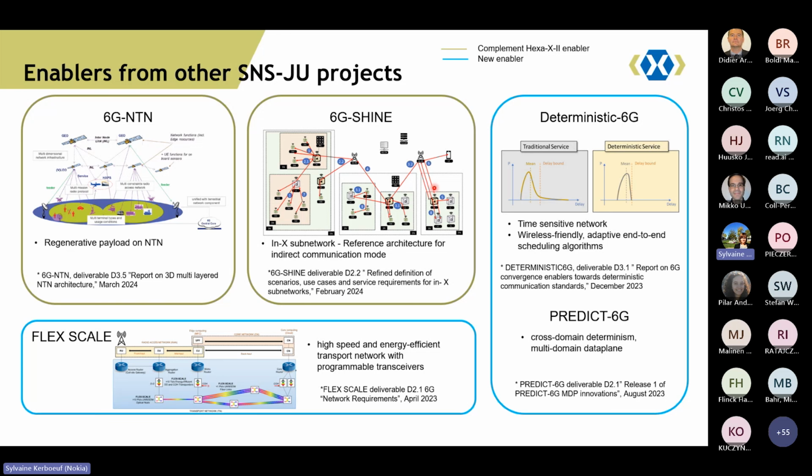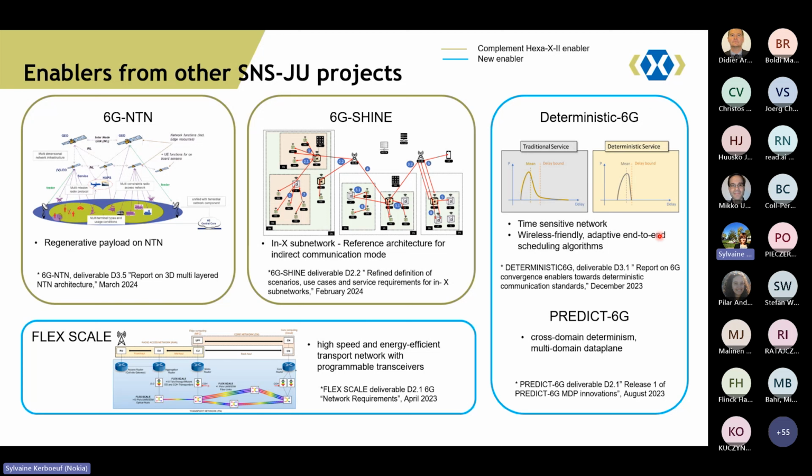We've got also 6G-SHINE, which focuses on in-X subnetworks. So both of those projects can refine our own enabler that we call network of networks, where we consider networks of subnetworks, including in-X subnetworks, as well as other networks such as NTN.